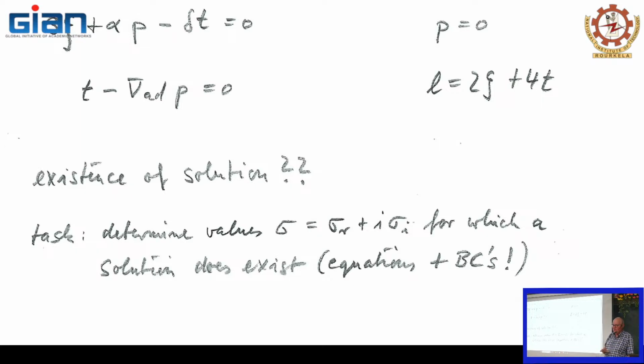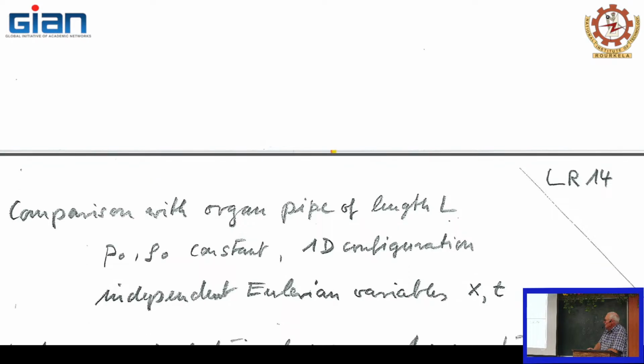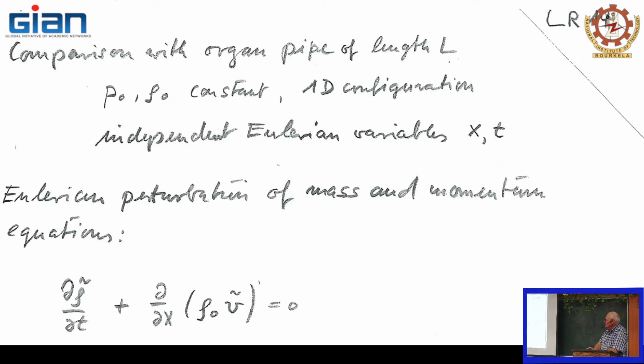If you change the boundary conditions from boundary to initial value, we will always have a solution, and this sigma would not be determined. But if you have a boundary value problem and use sigma as a parameter by which you can guarantee a solution, then you can end up both satisfying the solution and determining the spectrum of eigenfrequencies. Okay, the analog of this system is again our well-known organ pipe.